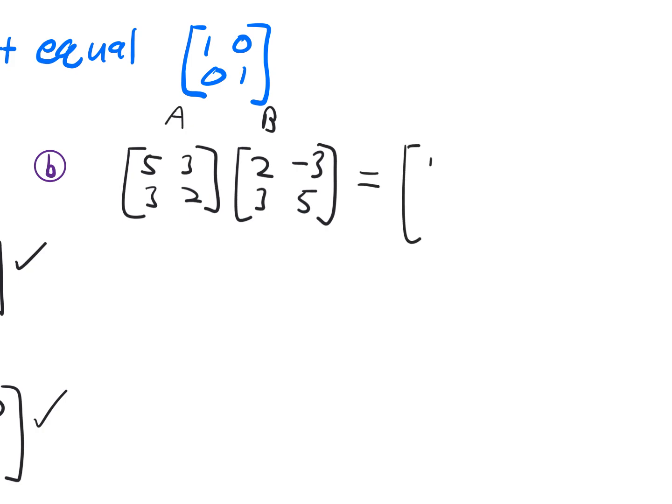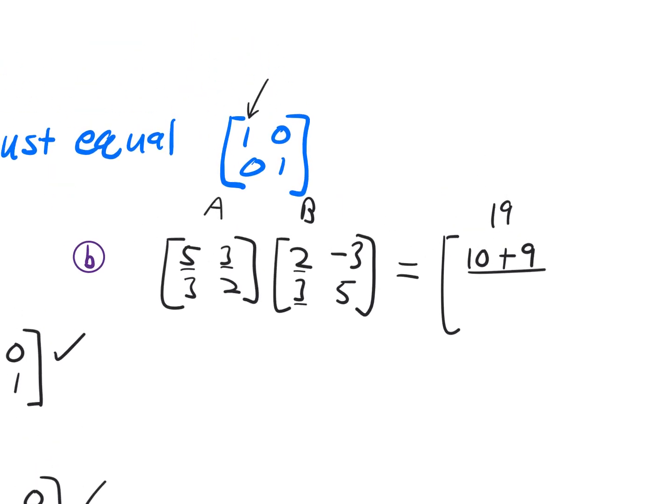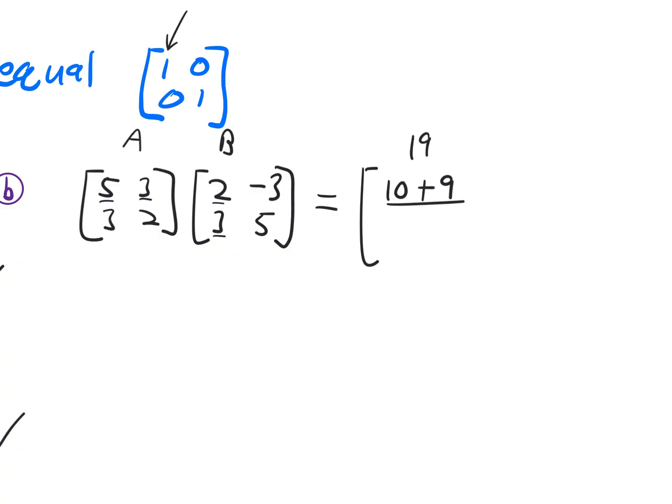So we're going to get 10 plus 9, right? Because you're doing 5 times 2 plus 3 times 3. And then what does 10 plus 9 get you? 19, right? That is not what our identity matrix looks like. So you could even stop right there and just say that these are not inverses.